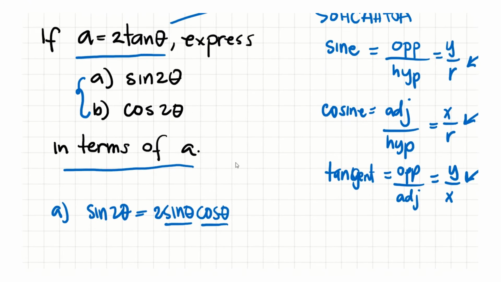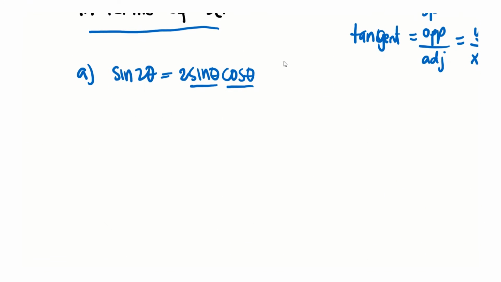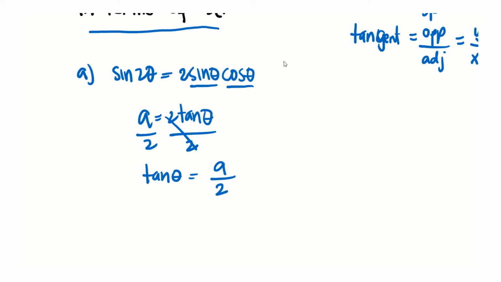And the only thing that we know is that A is equal to 2 tangent theta. So here's the trick. Given that A is 2 tangent theta, we will isolate tangent theta by dividing both sides by 2. It will tell us that tangent theta is A over 2.